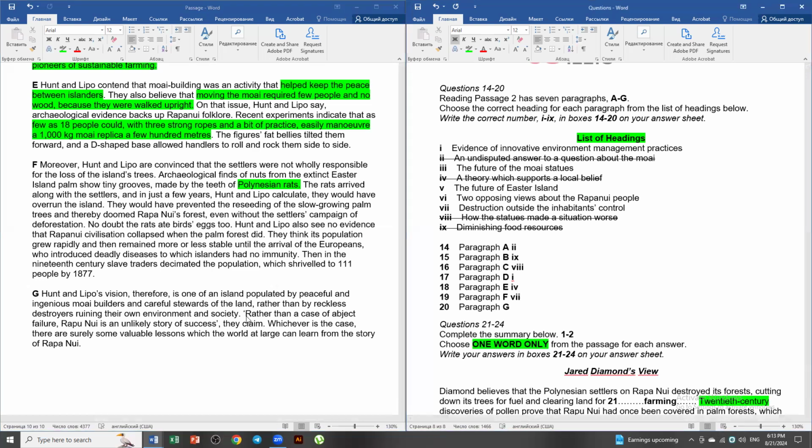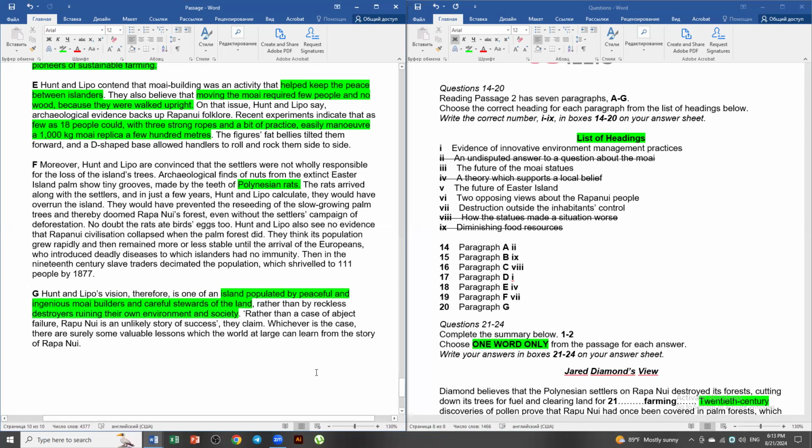So, two opposing views. The one view says the island was populated by peaceful and ingenious Moai builders and careful stewards of the land. That is one. And rather than reckless destroyers ruining their own environment, that is another one. So the two opposing views.